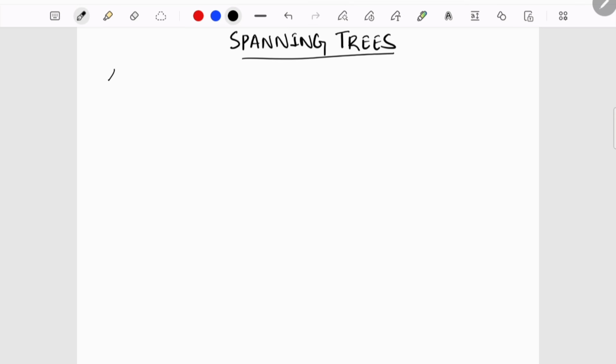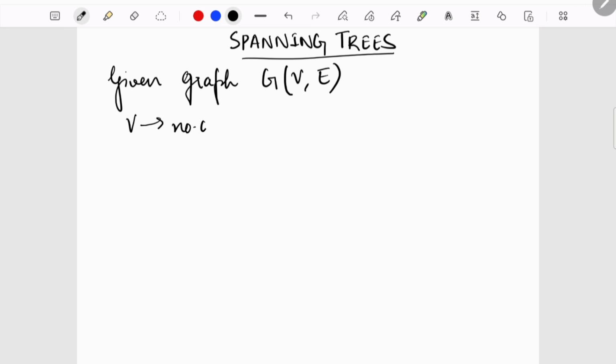Say you are given a graph which is represented by G(V, E), where V is the number of vertices and E is the number of edges.